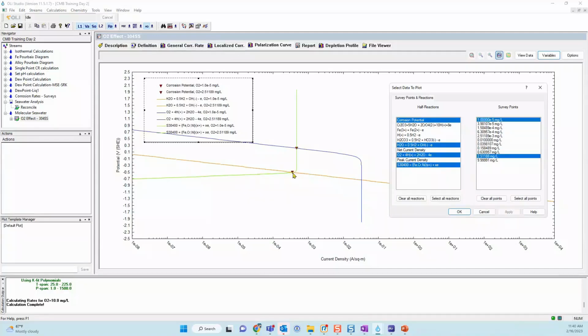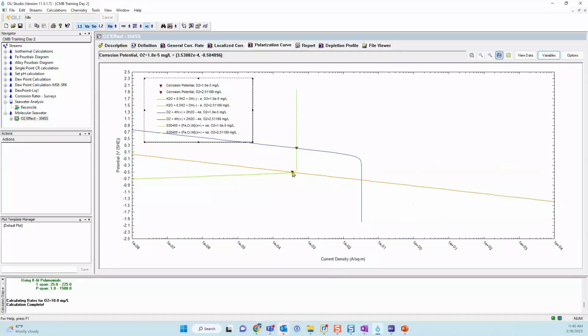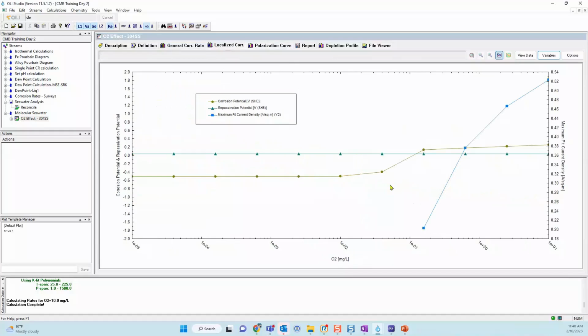You see it went from a value of around, I don't know what value is this, minus 0.5 to a value of 0.2. So it went from a negative value to a positive value. And that's the reason why you are seeing this increase here in the corrosion potential.